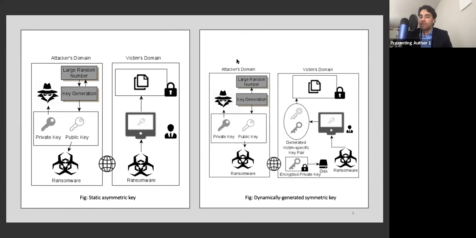And that should be a dynamically generated asymmetric key. So sorry about that. But they're still using an asymmetric key for encryption. It's just that in this case, it's dynamically generated. So with that, we mean there's a second layer of asymmetric key observed in the victim's domain.